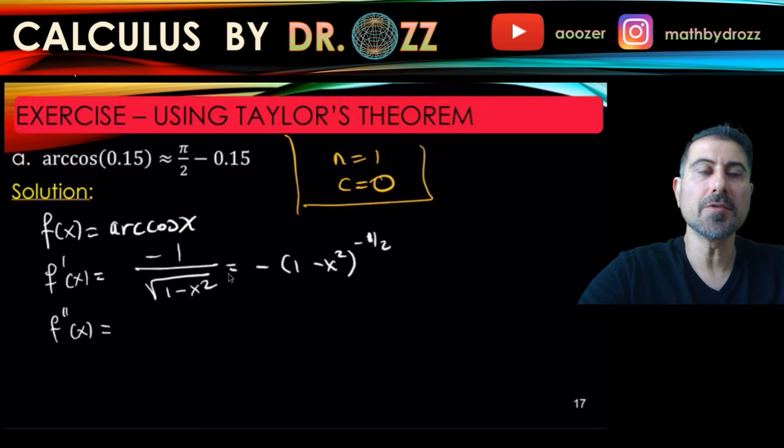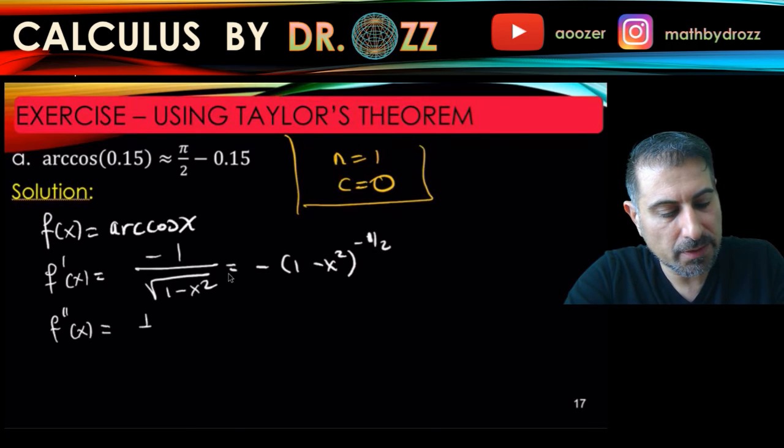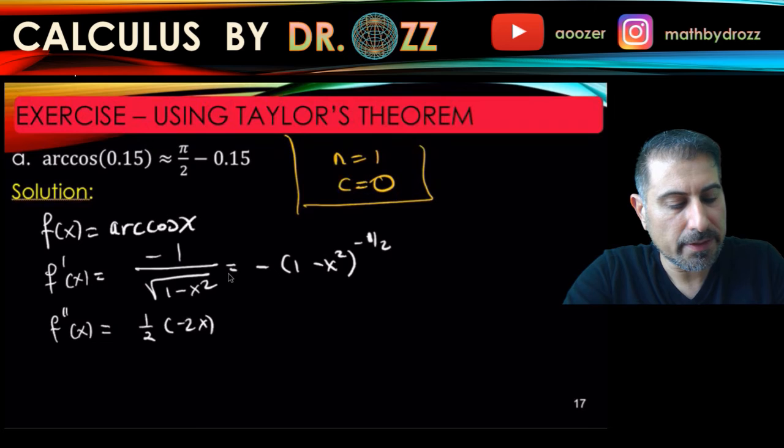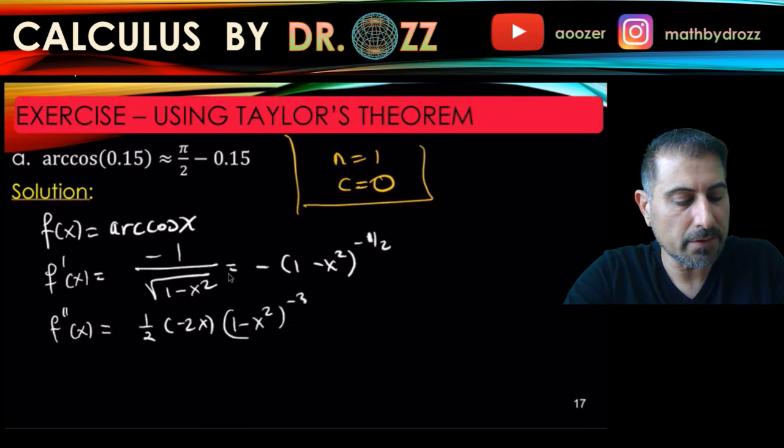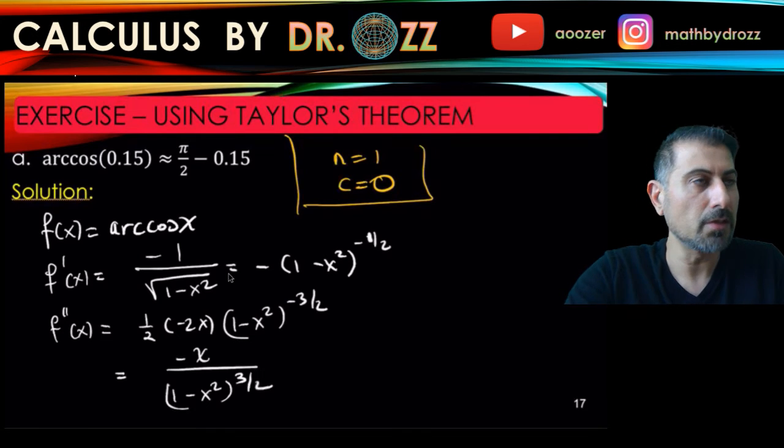Now we can use the power rule for differentiation. So this is 1/2 times -2x times 1 minus x squared to the -3/2. If you simplify that, it's -x divided by 1 minus x squared to the 3/2.